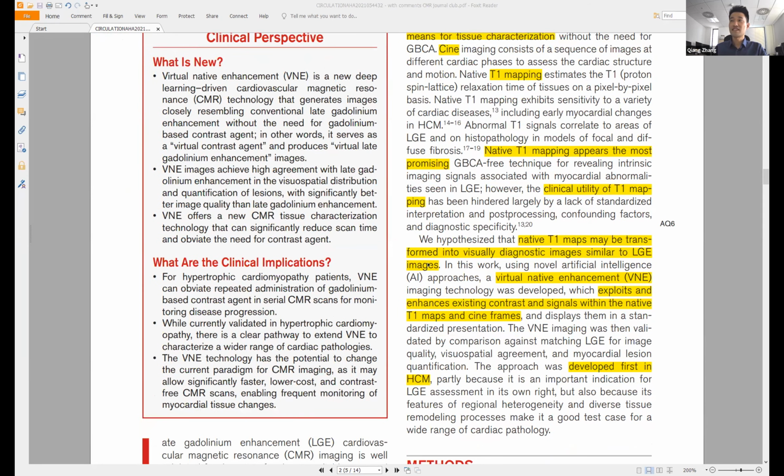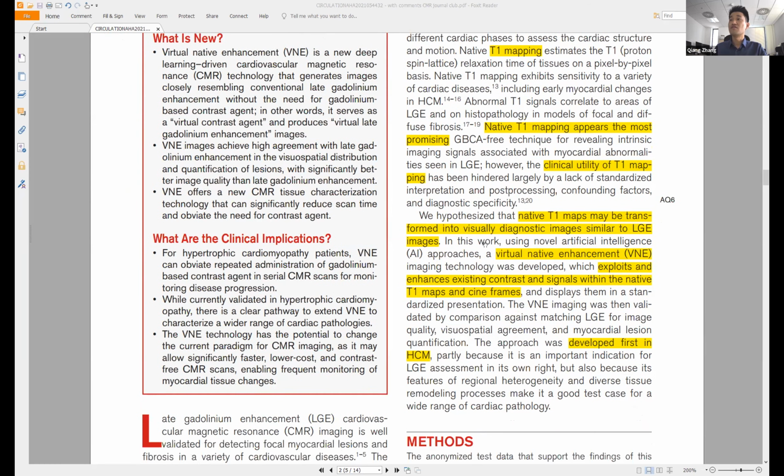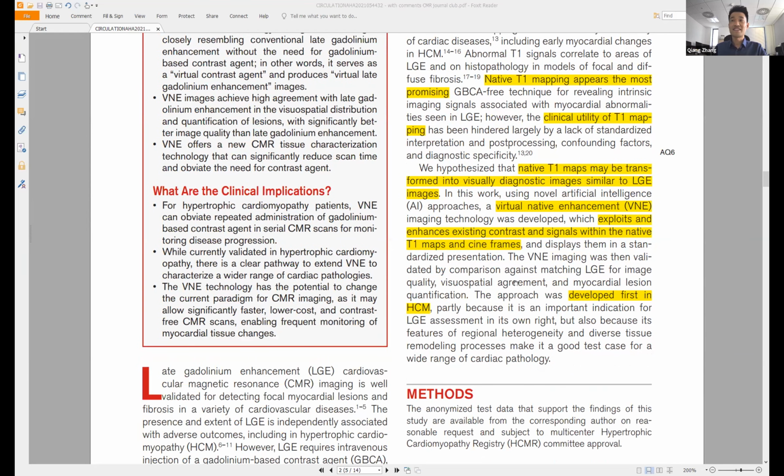So we hypothesized that native T1 mapping may be transformed into virtually diagnostic images similar to LGE images. And this leads to our concept of virtual native enhancement, which exploits and enhances the existing contrast signals within the native T1 maps and the cine frames. And in this paper, we validated it in hypertrophic cardiomyopathy.